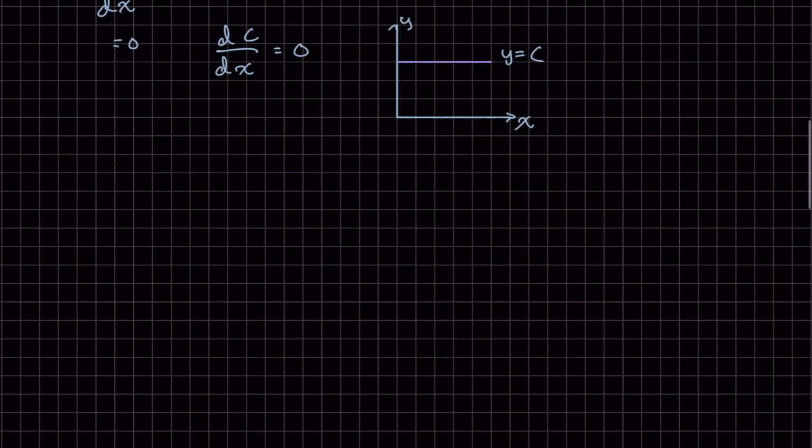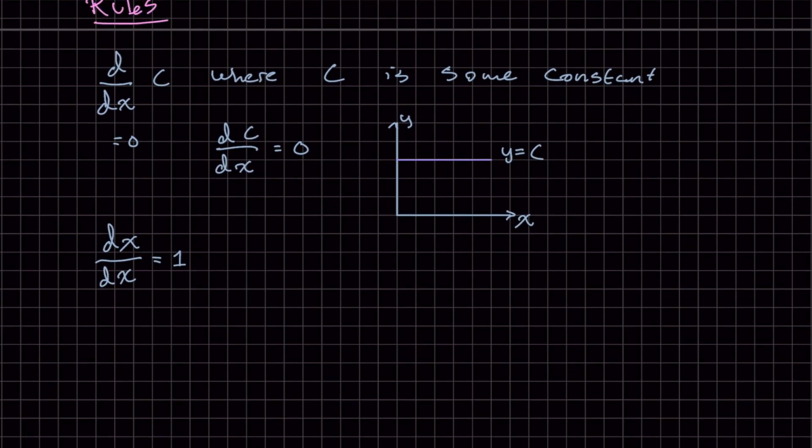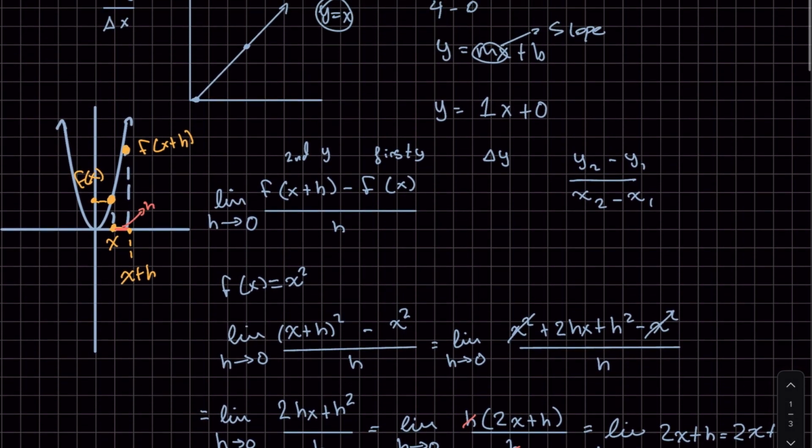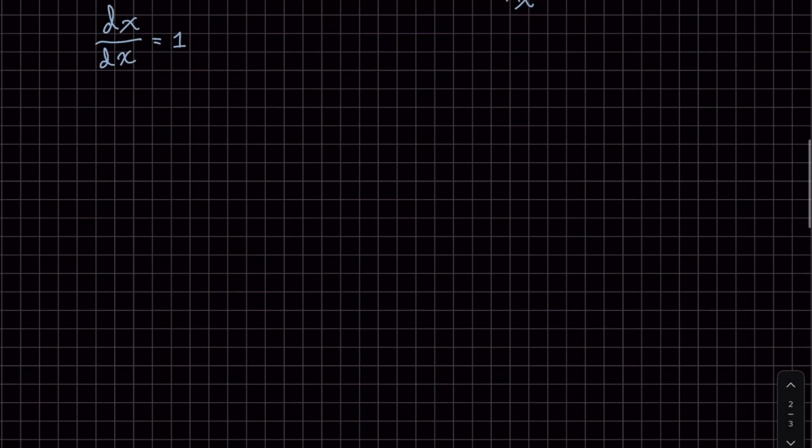The next one we can do is the derivative of x, dx, and this is equal to 1. Not because it's a fraction. A derivative notation is not a fraction and should not be used as such. But dx is 1, as we showed this already, right? We showed that the slope or the change in y with respect to x of y equals x is 1. We already showed this. So we don't need to do it again.